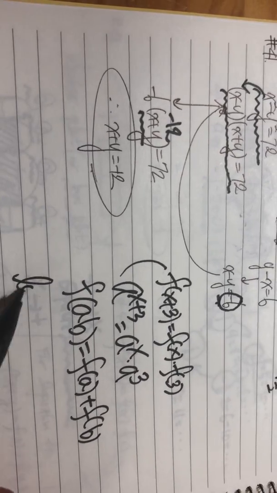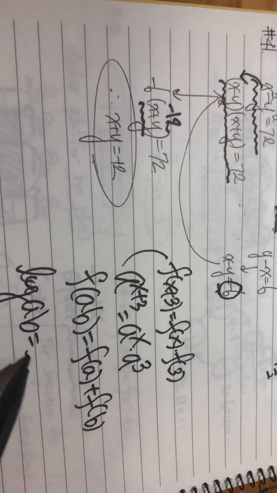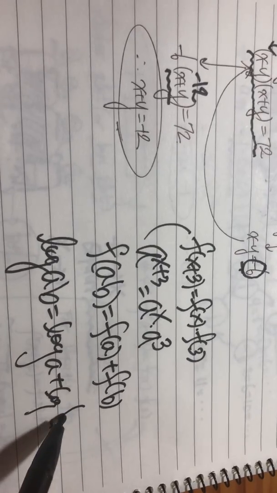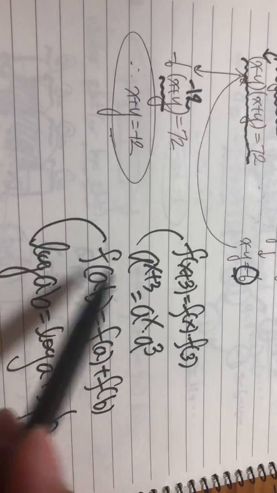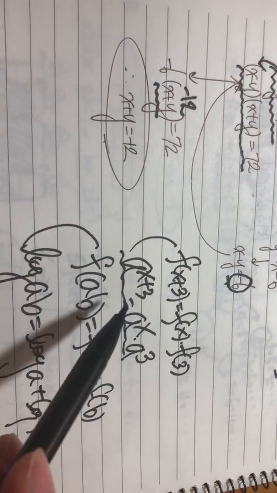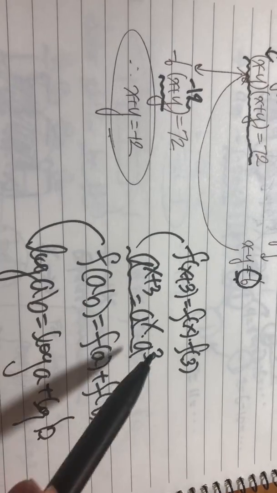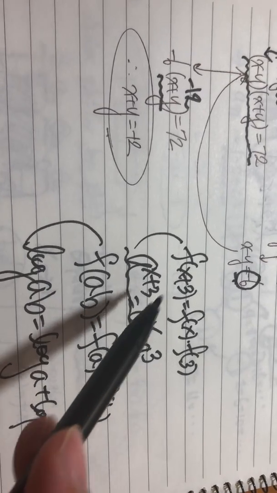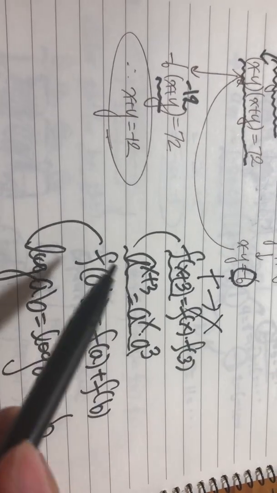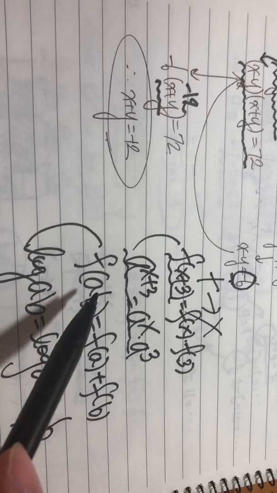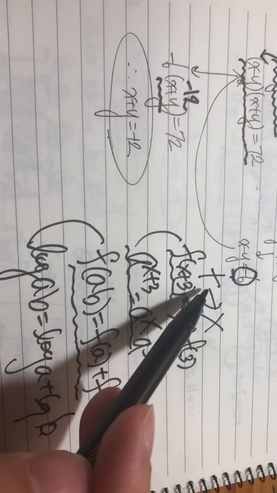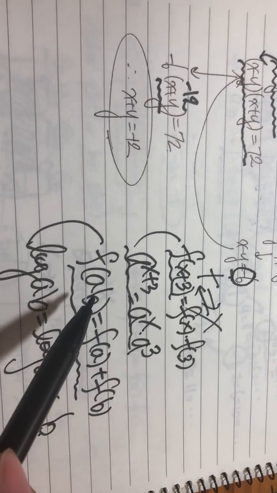I explained this quite a few times. What I explained was that exponential functions are the functions that turn addition into multiplication. And on the other hand, logarithm functions do the opposite. Okay, this is it.